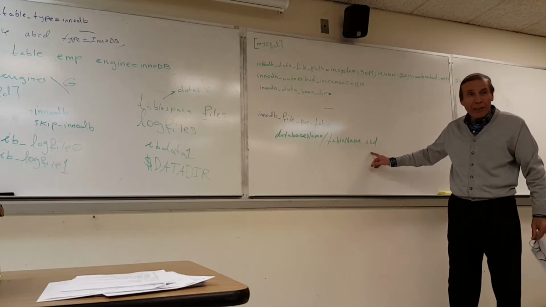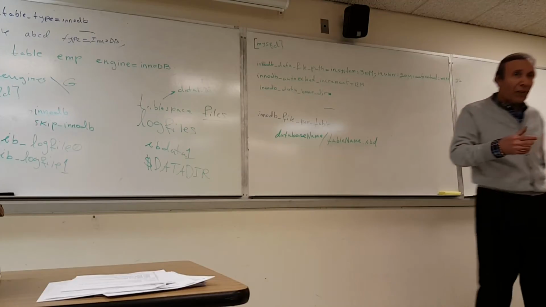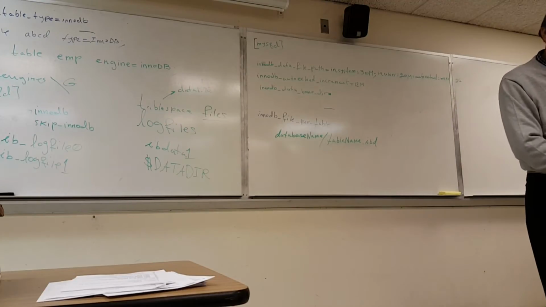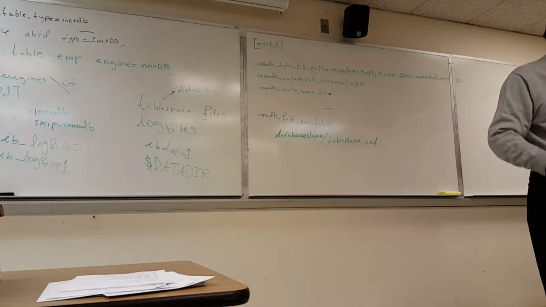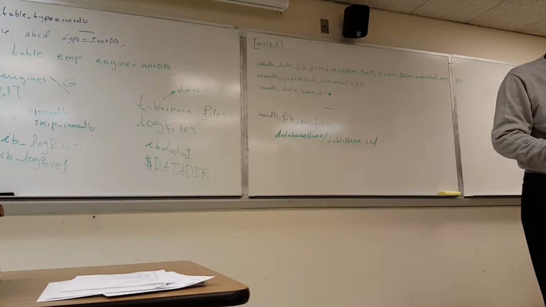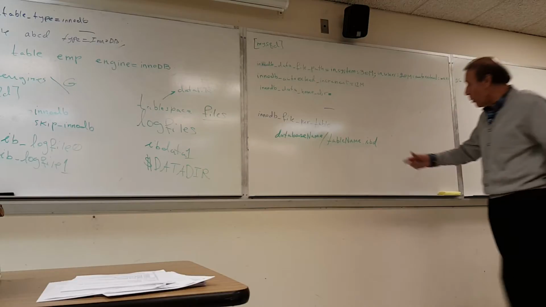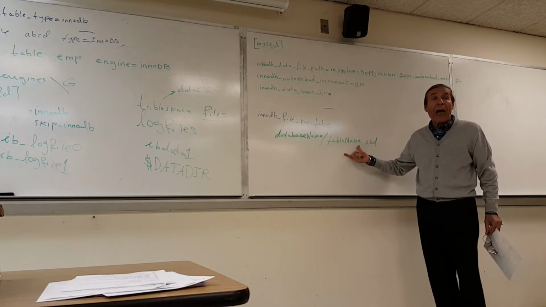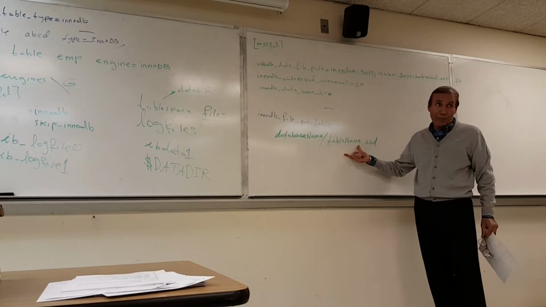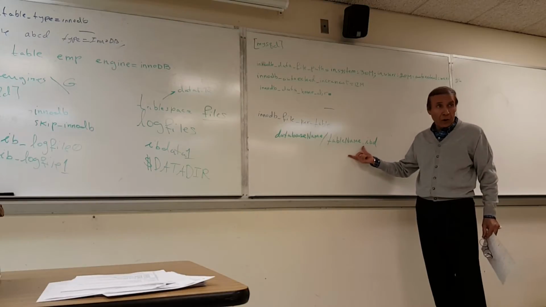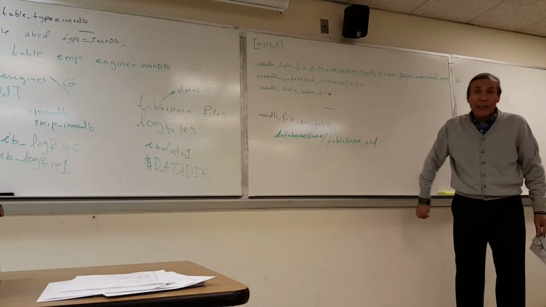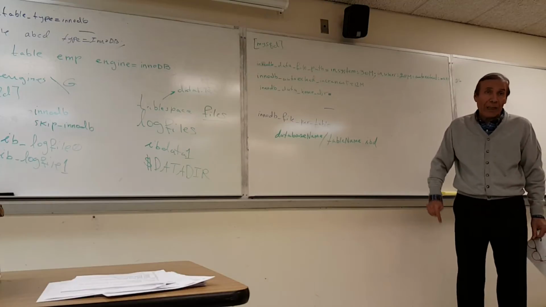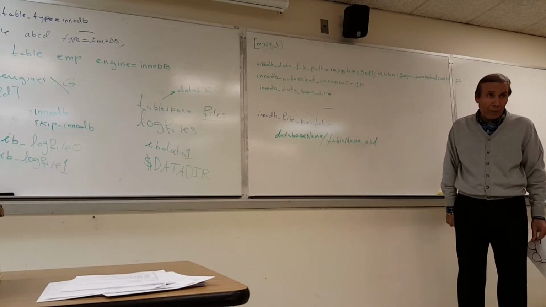So .ibd is the extension for all of your InnoDB files. Inside each file, you're going to find data and index about each table.